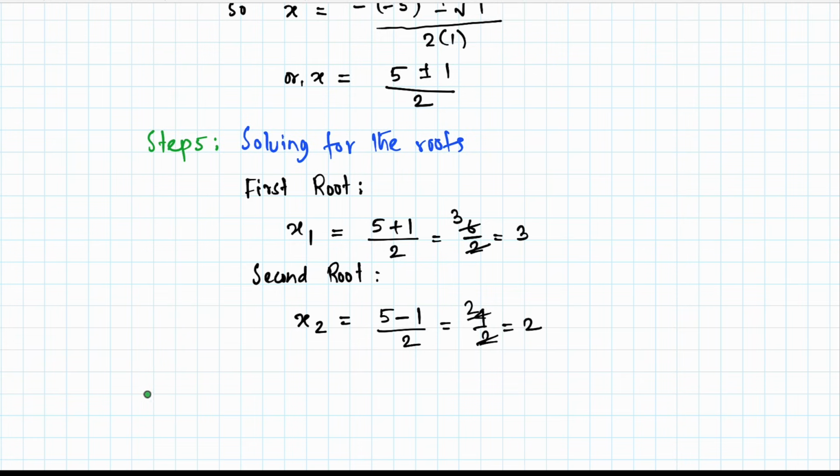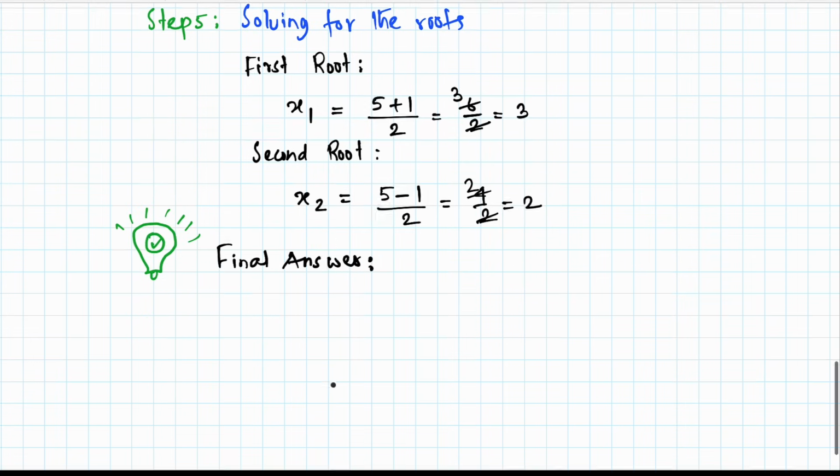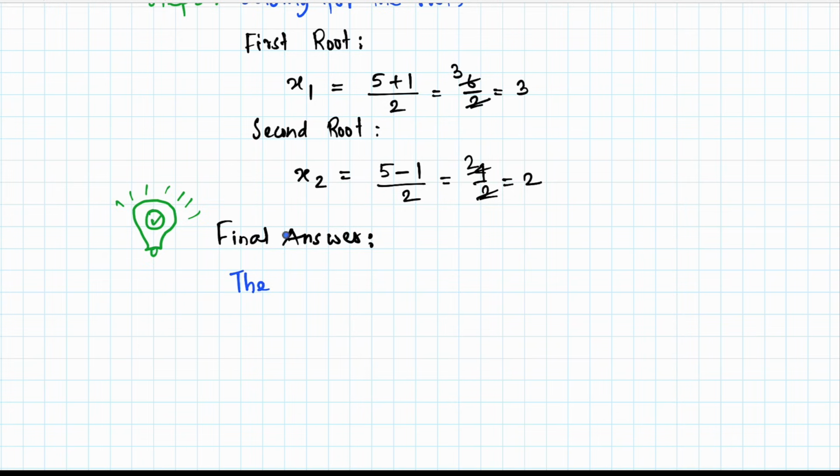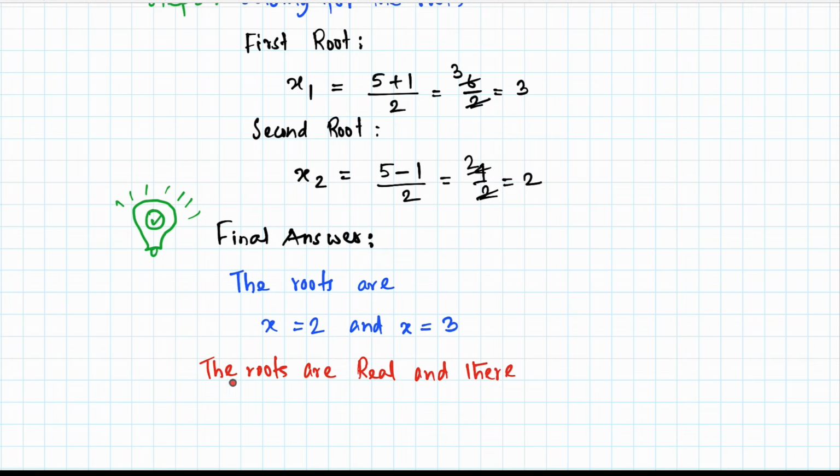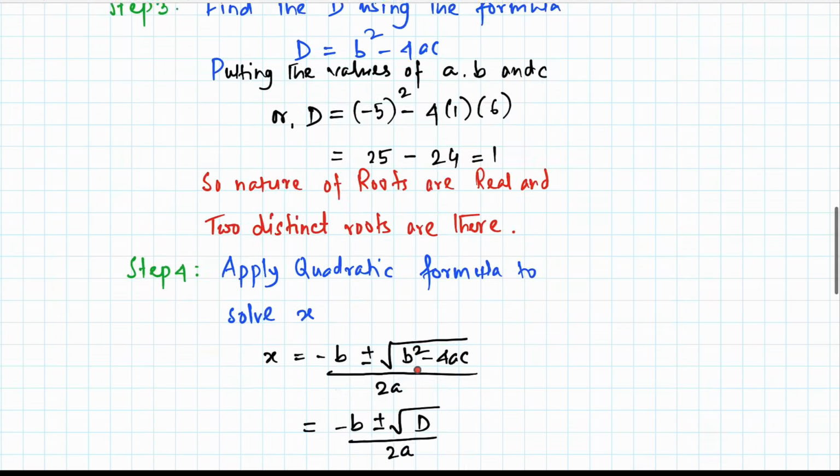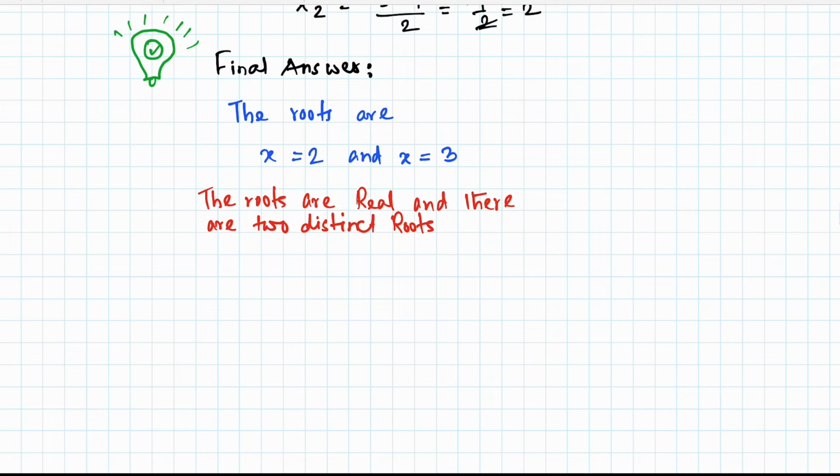As we found in step 3, the discriminant showed that there are two distinct roots and they are real. So the final answer: the roots are x equal to 2 and x equal to 3. The roots are real and distinct. It's very simple. Follow these steps, then you can solve this kind of quadratic equation easily.